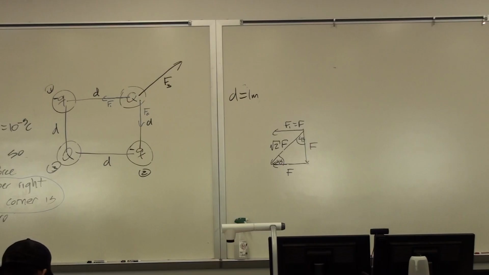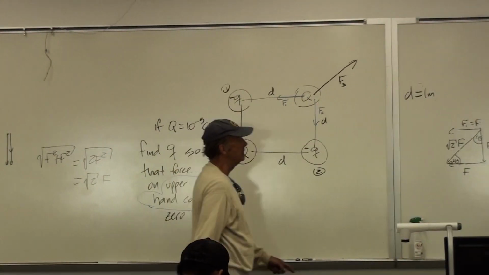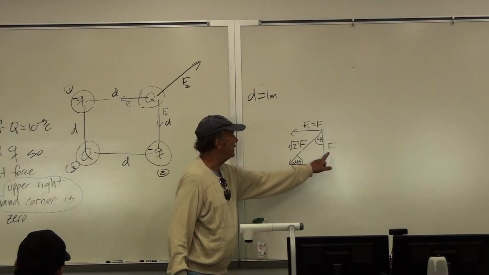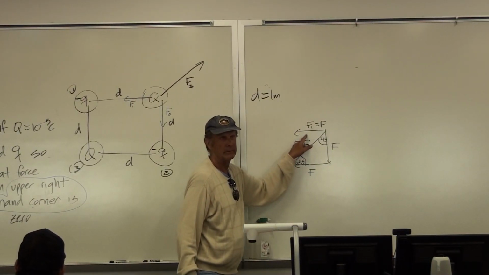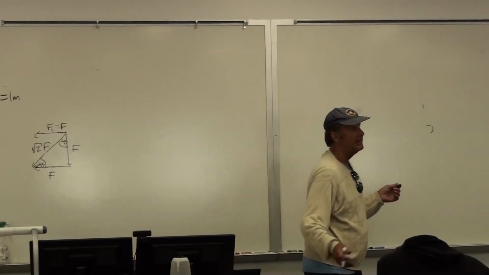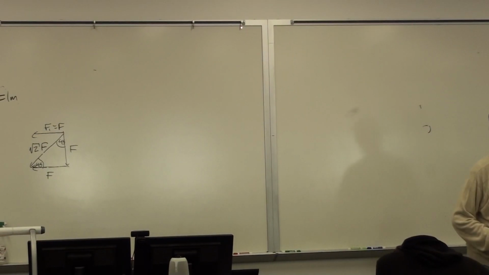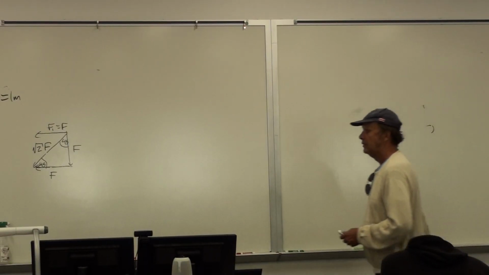That's equal to square root of 2 times F. Right? Or in your basic right triangle relationships, I always learn that a 45, 45, 90 is 1, 1, square root of 2. Right? So if you remember that and the 30, 60, 90, that'll get you through half of the examples that we give. Because I like to choose simple angles whenever possible.